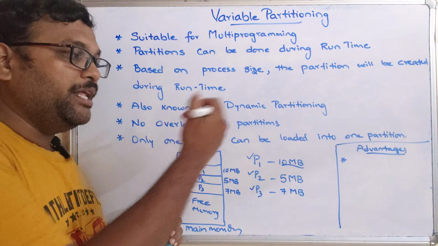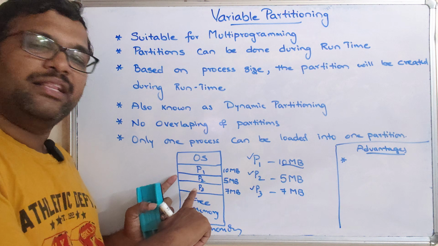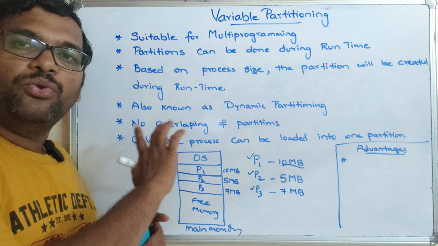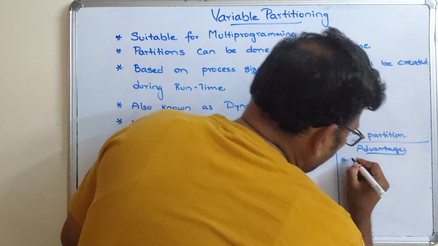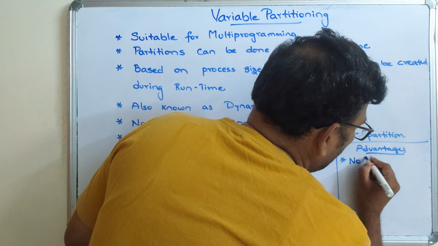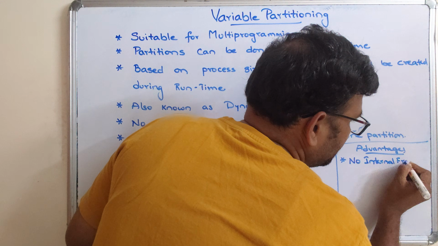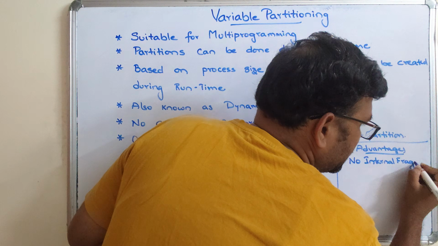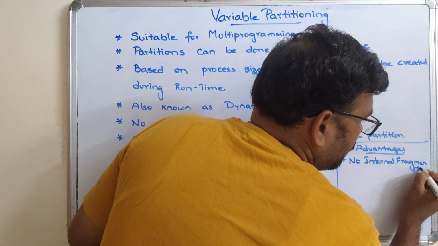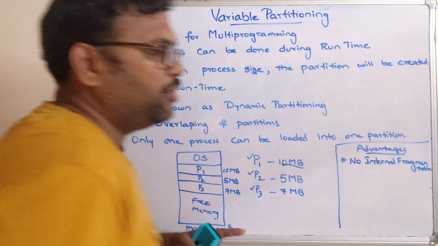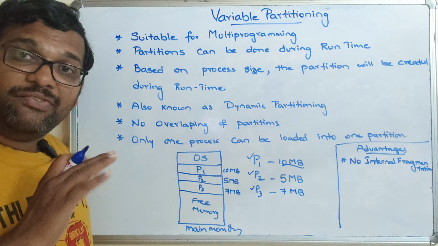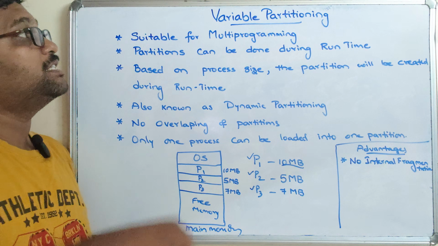But here we create the partitions depending on the process size, so there will be no wastage of memory. So the first advantage: no internal fragmentation, which is a drawback in fixed size partitioning.